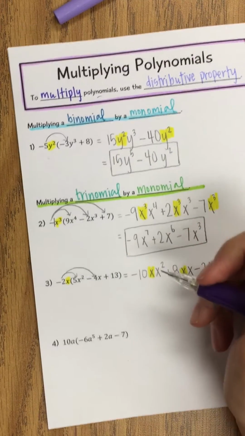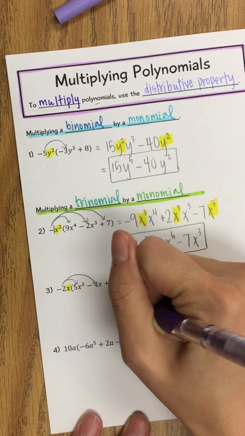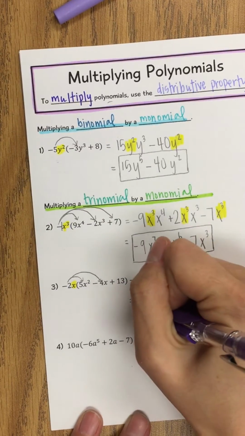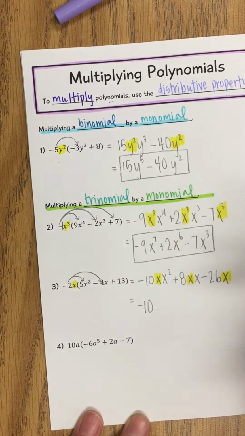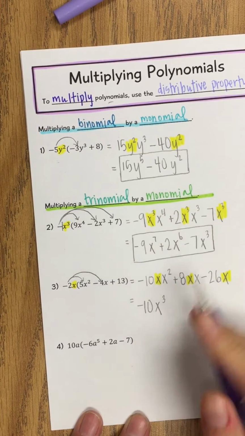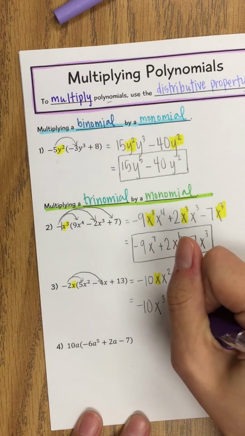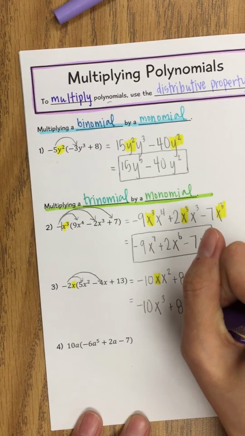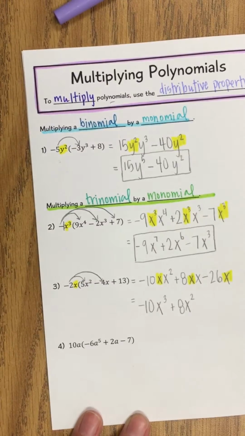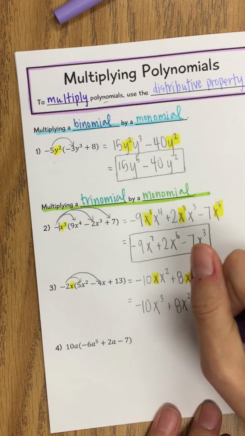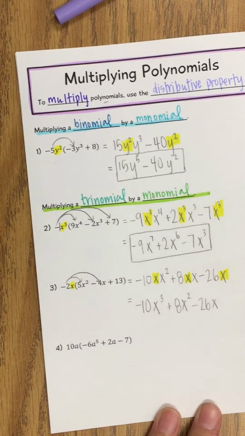So last up is we just make sure we simplify the variables. So this one's going to go to negative 10x cubed. You have 1x here and 2x's there, so x cubed, plus 8x squared. So you have 1x there and 1x there. And then lastly, you just keep the 26x.